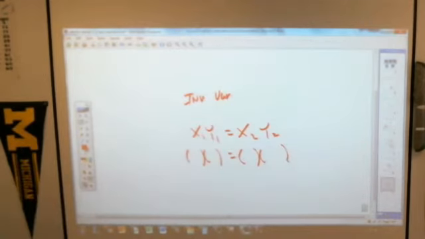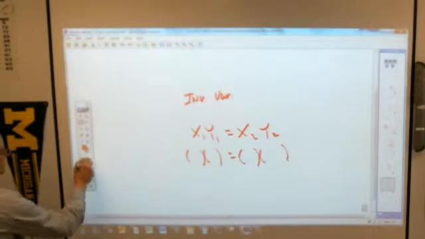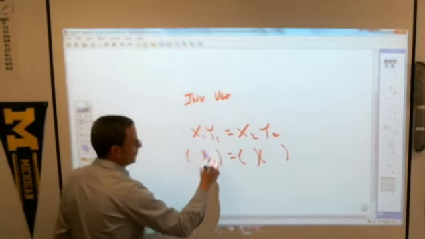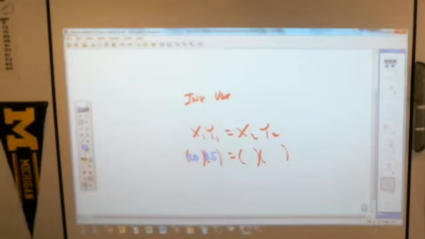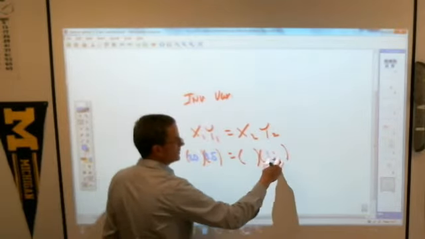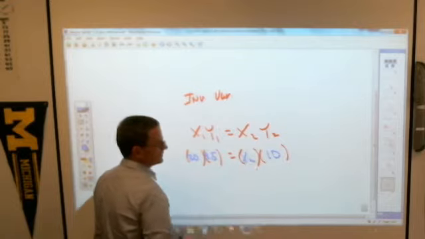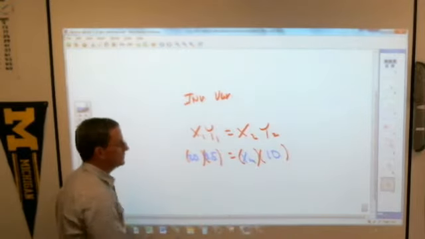It says when y varies inversely with x, y is 3.5 when x is 20. Find x when y is 10. So you know y is 10, you don't know what this is. It's a pretty simple little equation.